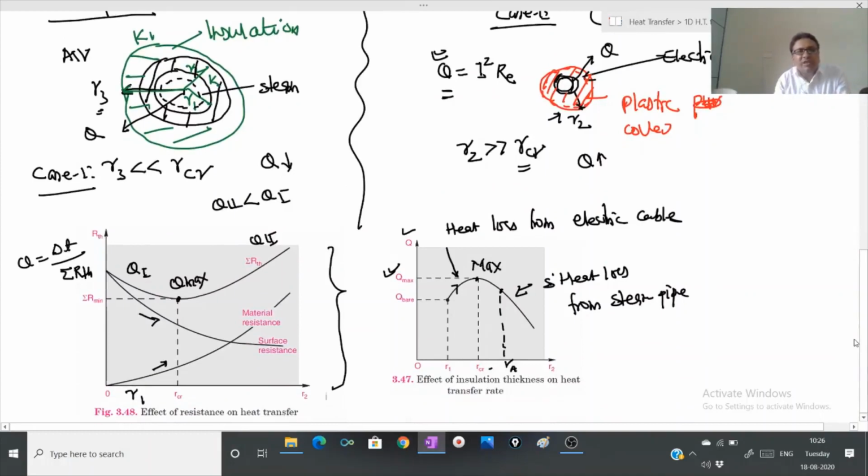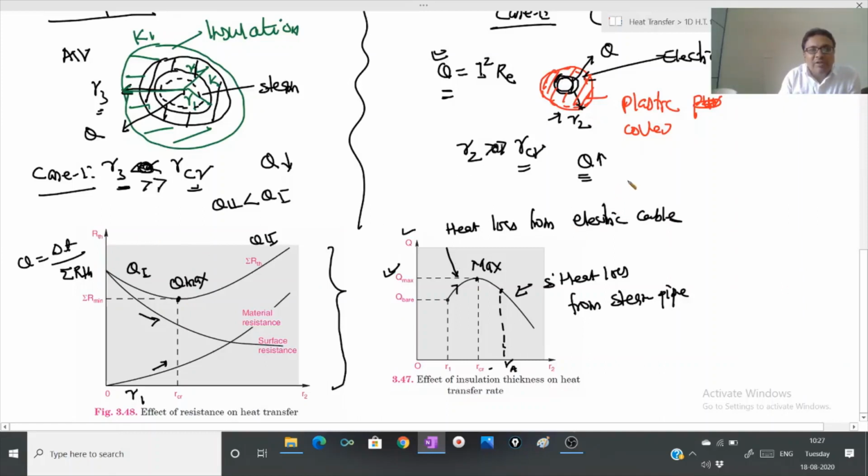In the spherical wall as well, if I want to decrease the heat transfer rate, outer radius should be greater than critical radius because it will fall in this zone.